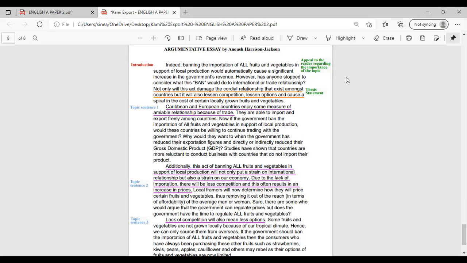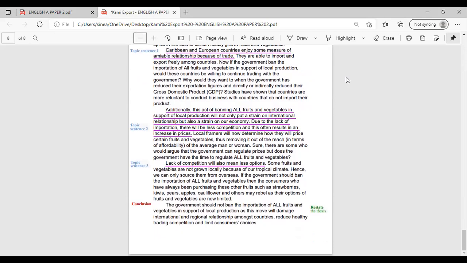Why would they want to when the government has reduced their exportation figures and directly or indirectly reduced their gross domestic product? Studies have shown that countries are more reluctant to conduct business with countries that do not import their product.